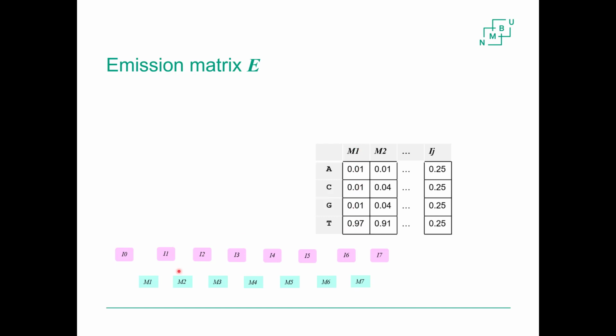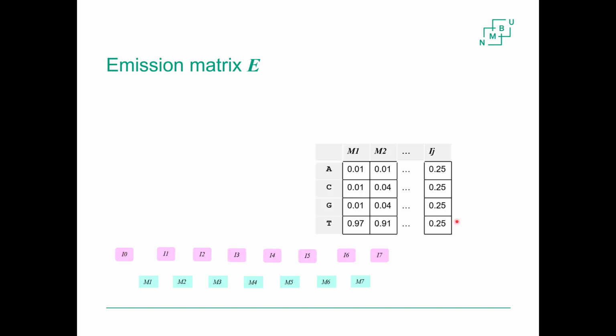And that's the emission probabilities for match state number 1. And then match state number 2 has its own probabilities in this column, right? And then match state number 3 in the next column, and so on. And then this one here, this is what I call a flat probability distribution. All 4 symbols are equally likely, and this column is the same for all the pink ones.